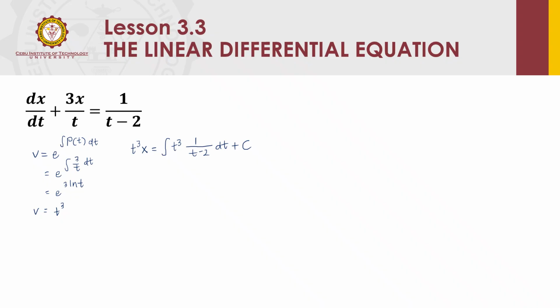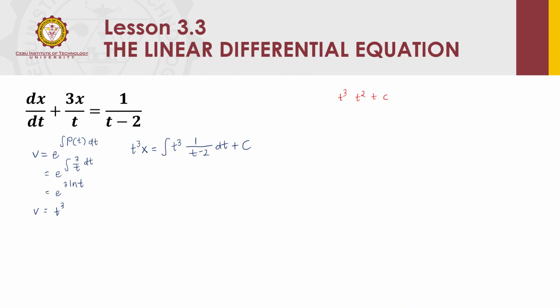Recalling how to use synthetic division, you write the numerical coefficients of all the terms, properly arranged in decreasing exponent of the variable. Meaning start with t cubed, followed by t squared, then t, until the constant term.